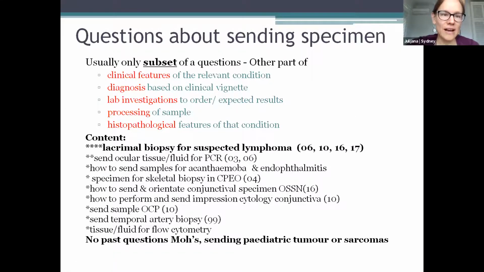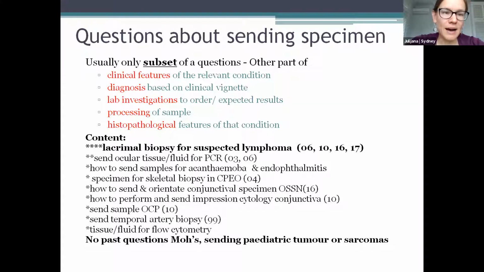I found that questions about sending specimens were usually only a subsection of the question. The questions would include either describing the clinical features of the relevant condition that you were sending the specimen for, or coming to the diagnosis based on a clinical vignette and then asking how you would send the sample.